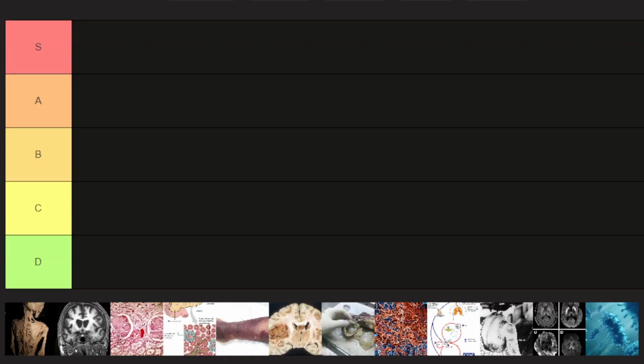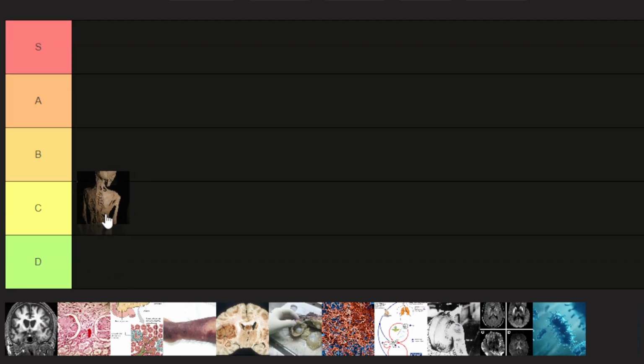It's very low. So we can't give that more than a 1. For fatality rate, it is invariably fatal, so it gets a 10. But for life expectancy, it has a life expectancy of 40 years, up to 56, as we discussed. So this goes into C tier.